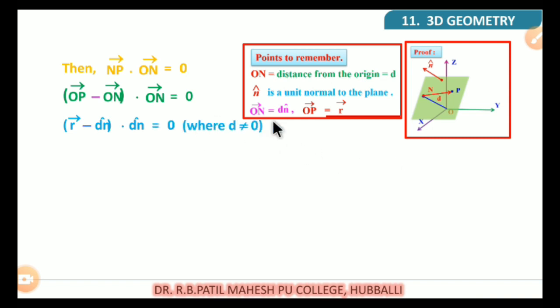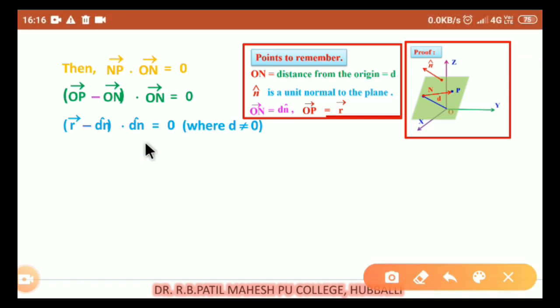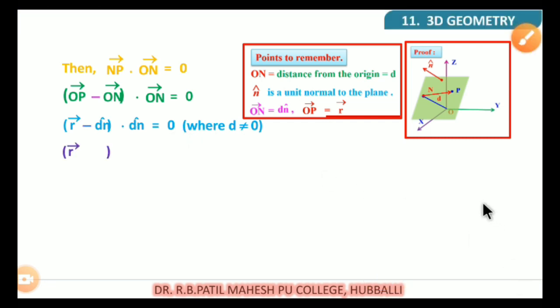Now d is not equal to 0, so we can transfer this d to the right-hand side, and it becomes 0 again. So in the next step we have (r minus d n cap) dot n cap is equal to 0.